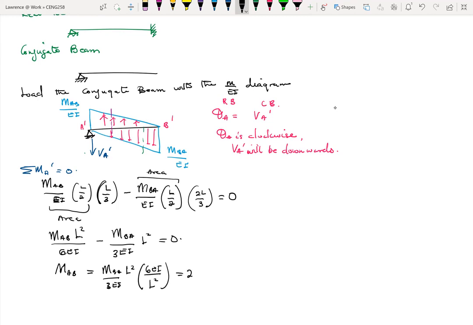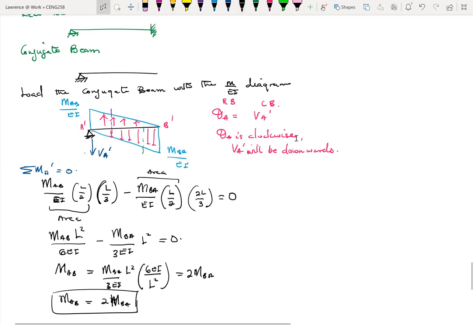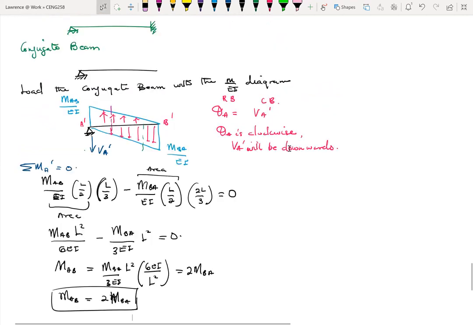So that will give us 2 MBA. So simply put, our MAB is equal to 2 MBA. We'll come back to this equation sometime later.